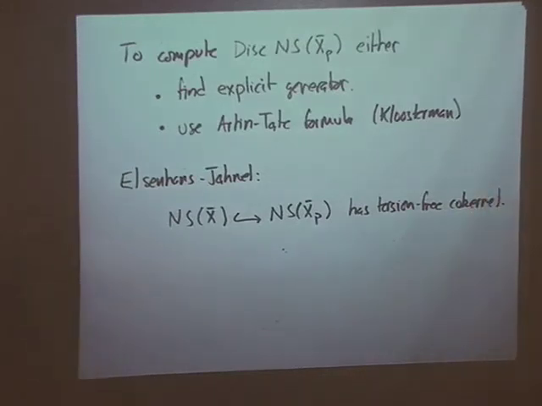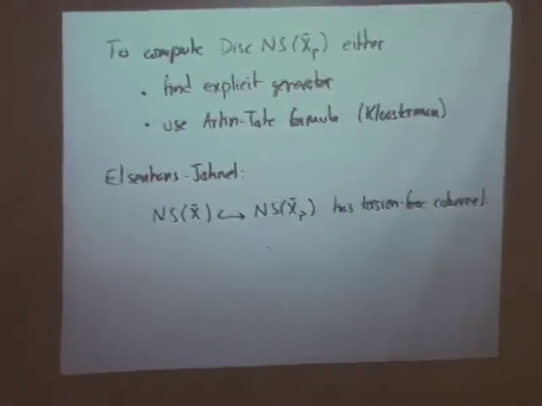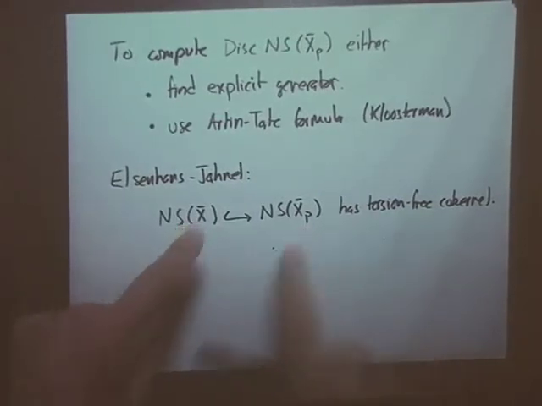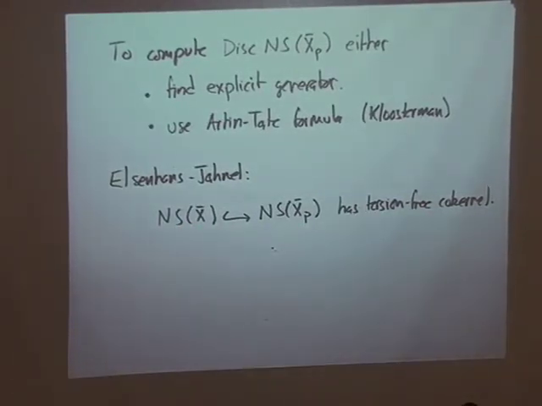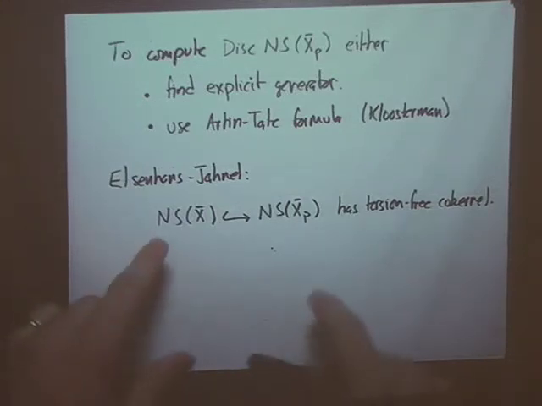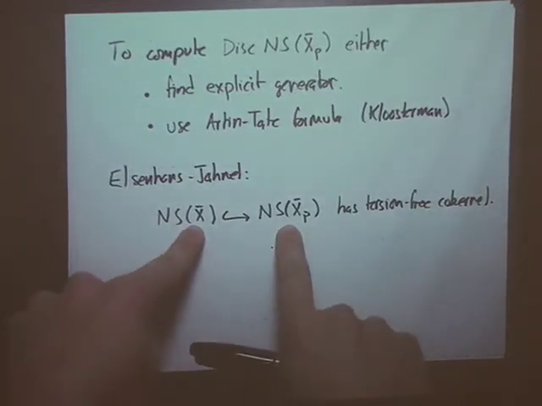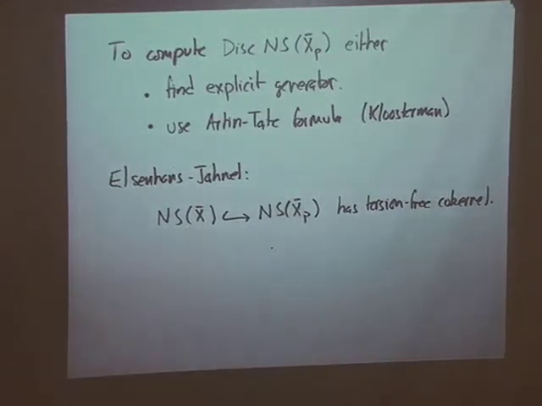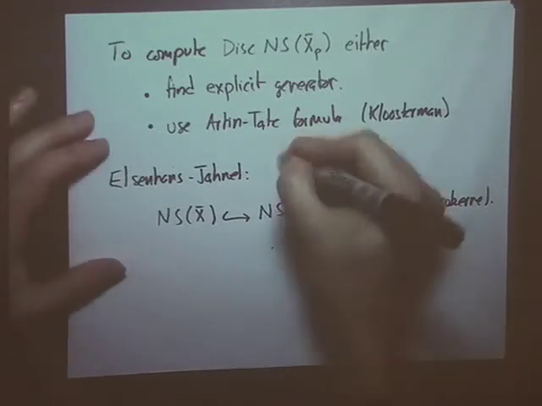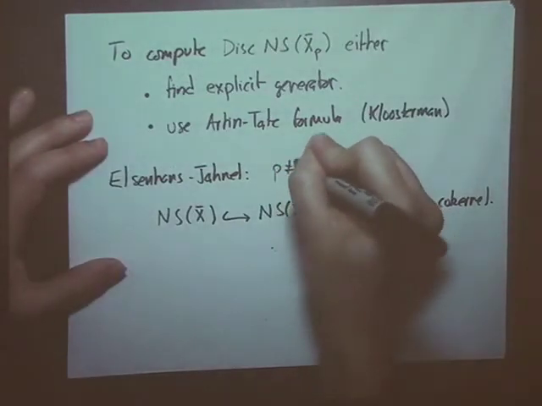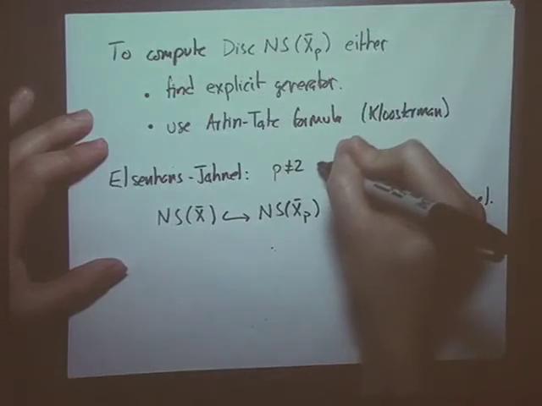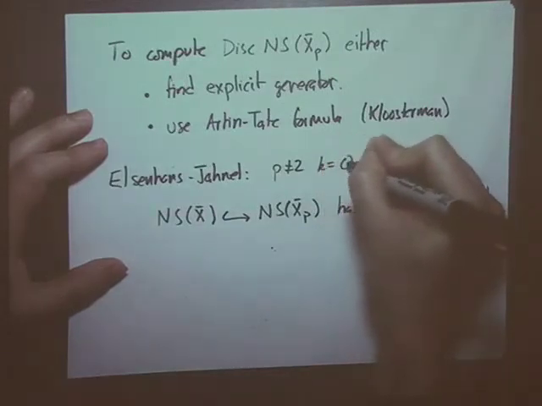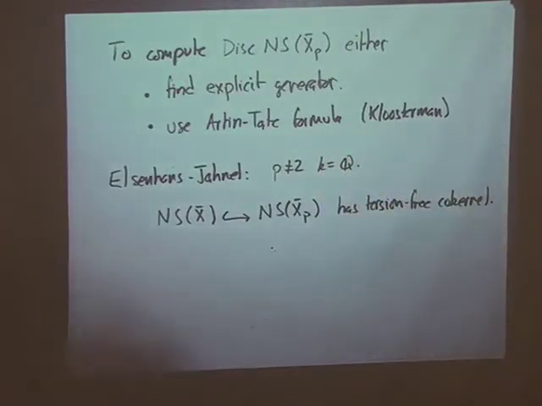In general, we saw that we had an injection after I ignored the p torsion, so if you tensor with Z_p, I had this nice injection. And for that map, in a lot of generality, the cokernel is already torsion-free. I should say there are some conditions, and the condition is p can't be 2 when K is Q. So it's a question about dealing with the p torsion in this cokernel.